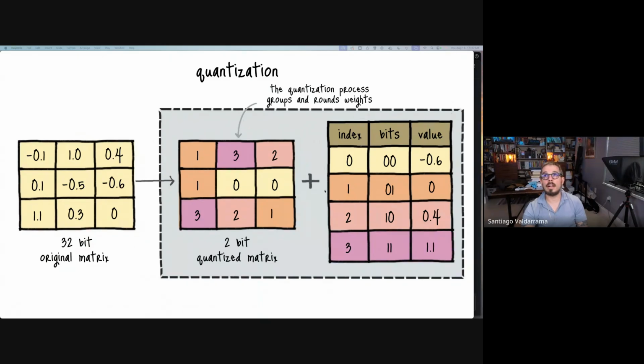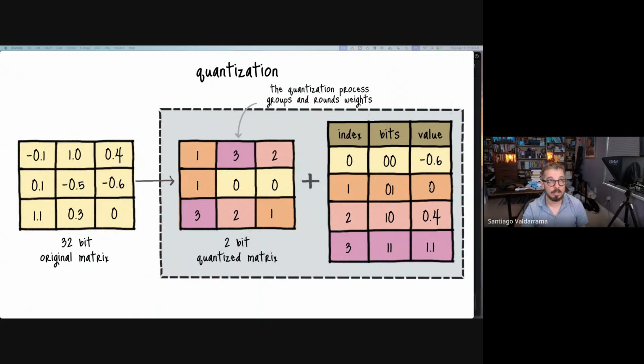And if you look to the 1, it's going to tell you that this is going to be a 0. So any value that's close to 0 is going to be replaced by a 1. So that's why I have negative 0.1, that's a 1, 0.1, that's a 1, and 0, that's a 1. And again, a 1 just means the value is going to be 0.